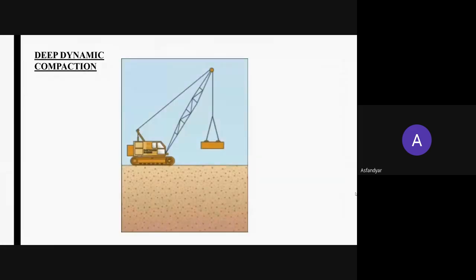Here's a video illustration showing the deep dynamic compaction. As you can see in the video, a heavy weight is lifted up to a certain height and dropped onto the ground. It causes the soil to compact, and hence the properties of the soil are improved.